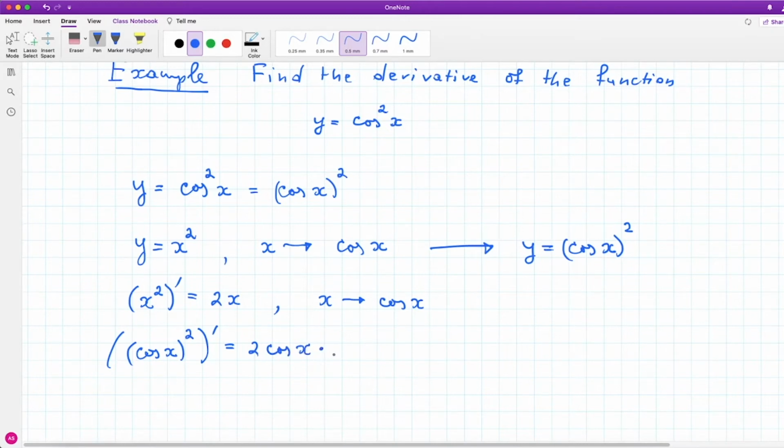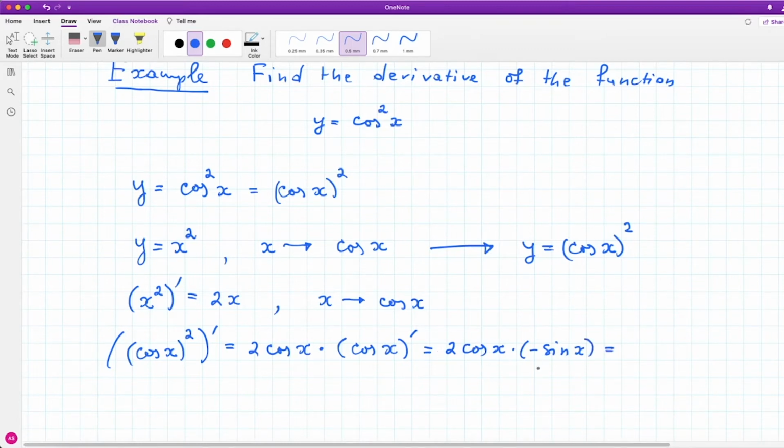And then this is where the chain rule comes in. On the right hand side, we need to multiply by the derivative of what we are replacing x with, in this particular case the derivative of cosine of x. Since the derivative of cosine of x is negative sine x, we obtain that the derivative of cosine squared of x is 2 cosine of x times negative sine x. I can move the negative sign in front.